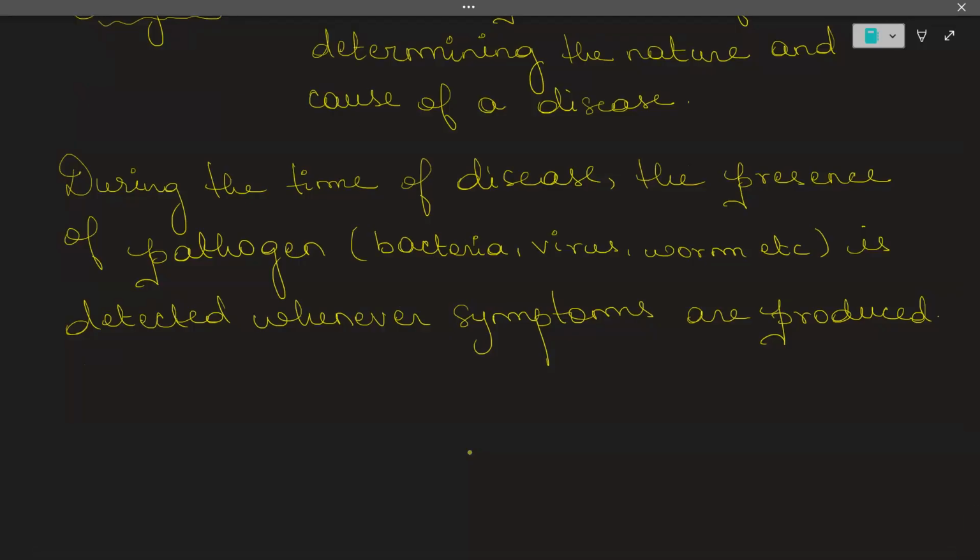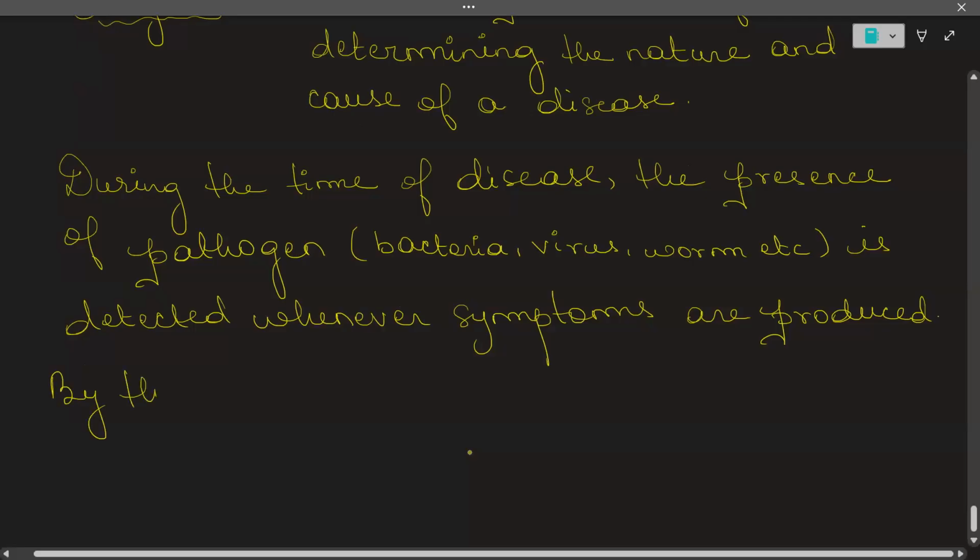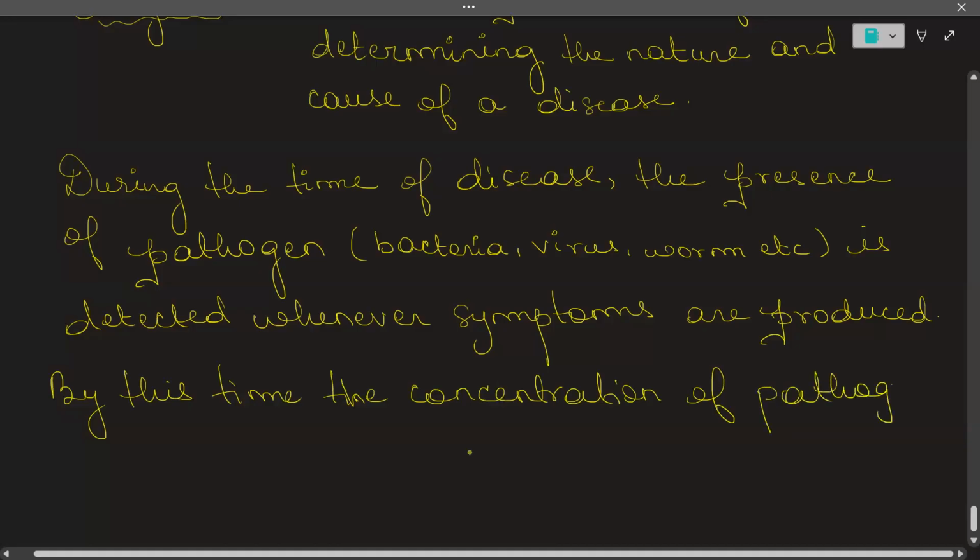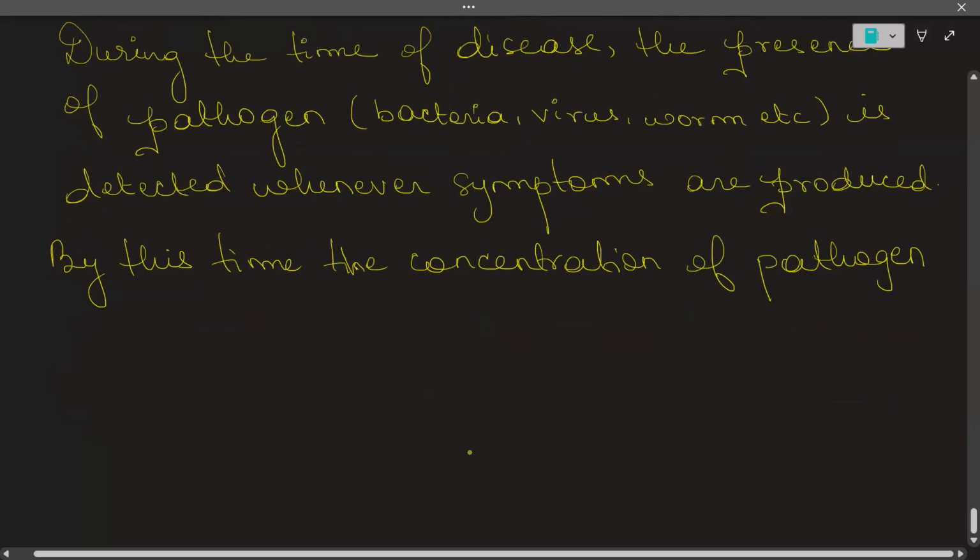So the concentration of pathogen has been increased a lot.